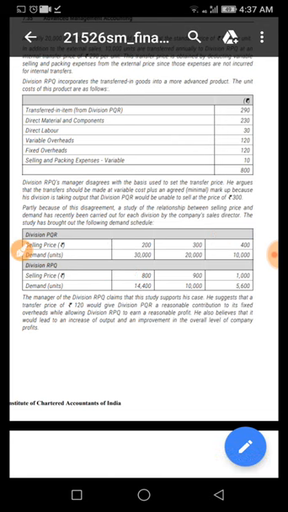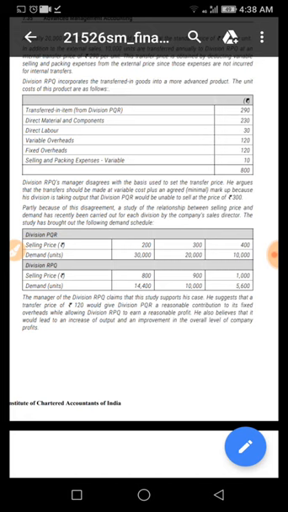Now third option, see, RPQ one demand is 5,600. So this one is ruled out because RPQ wants 10,000 units minimum for the transfer from PQR.